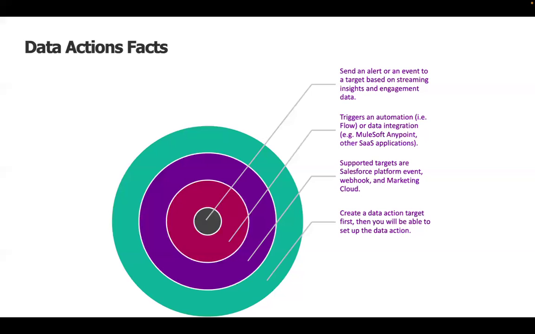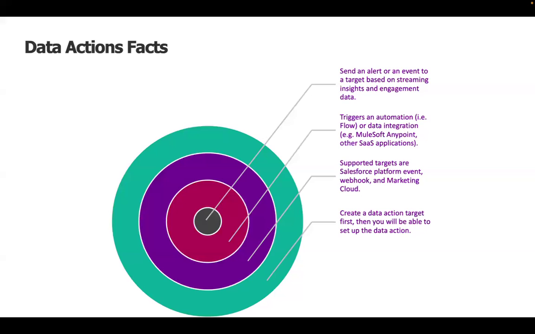And you could trigger an automation, which is a flow or a data integration, any MuleSoft, any endpoint platform, or any SaaS application. So that is a part of your webhook. And it supports targets which are platform events, webhooks, and Marketing Cloud. So remember this question: data actions will only support three targets inside Data Cloud: Salesforce platform events, webhook, and Marketing Cloud. And while creating a data action, you must create a data action target first.